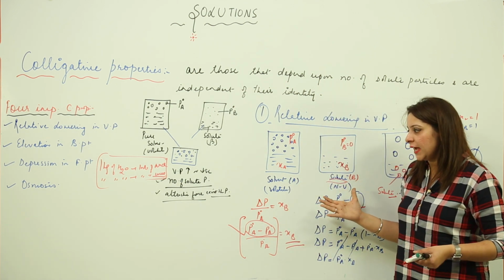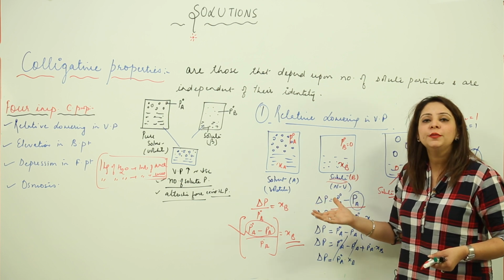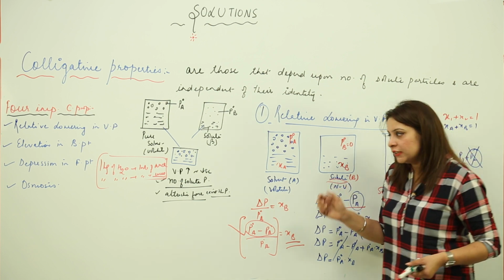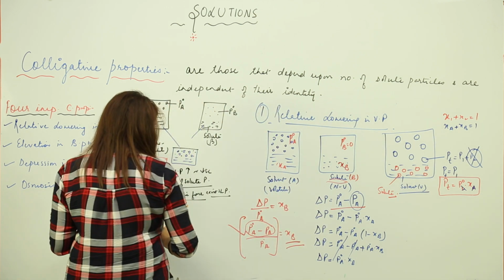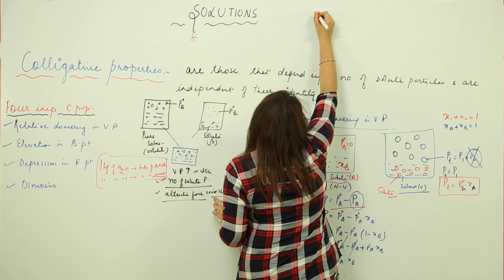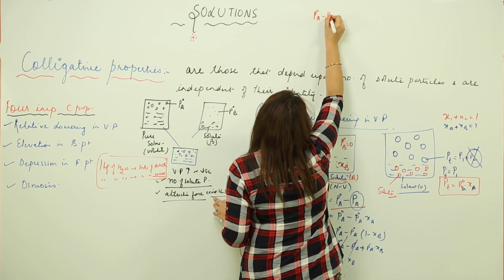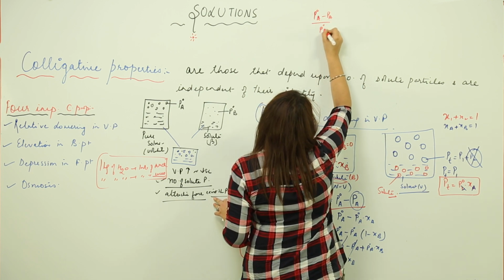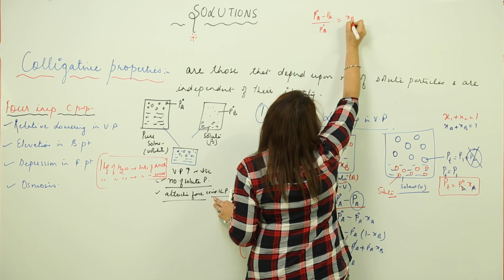This expression can also be used to find the molar mass. Just look at the board. P naught A minus PA upon P naught A, that is the relative lowering, is equal to XP.